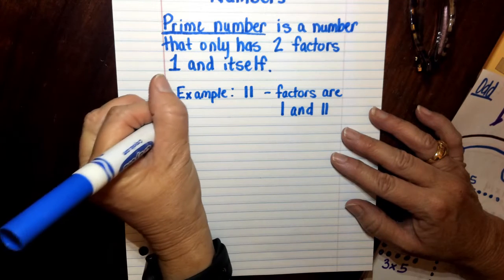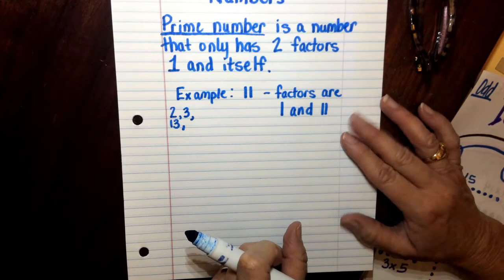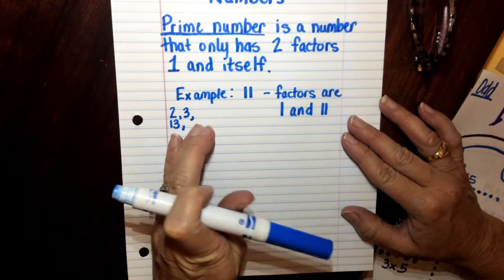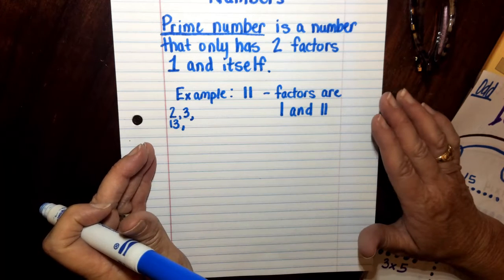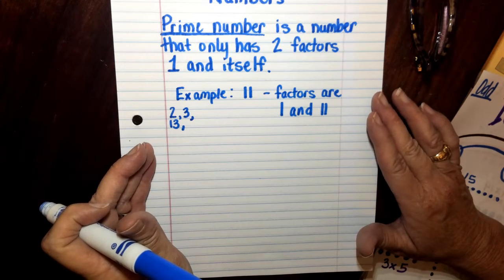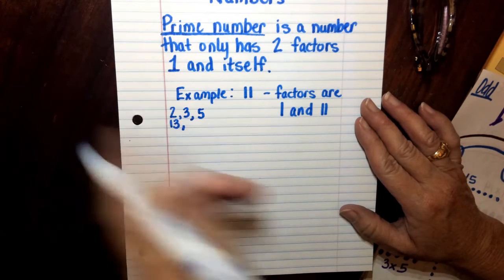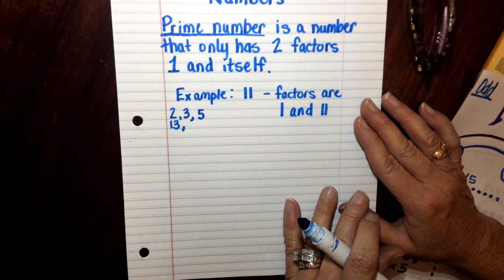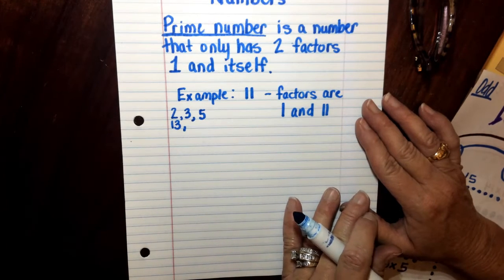The number 3, the only way to make 3 is 1 and 3. Now number 4 is even, and there are a couple of factors for the number 4, 1, 2, and 4. The number 5 is your only multiple of 5 that is considered prime, because the only way to make 5 is 1 and 5.